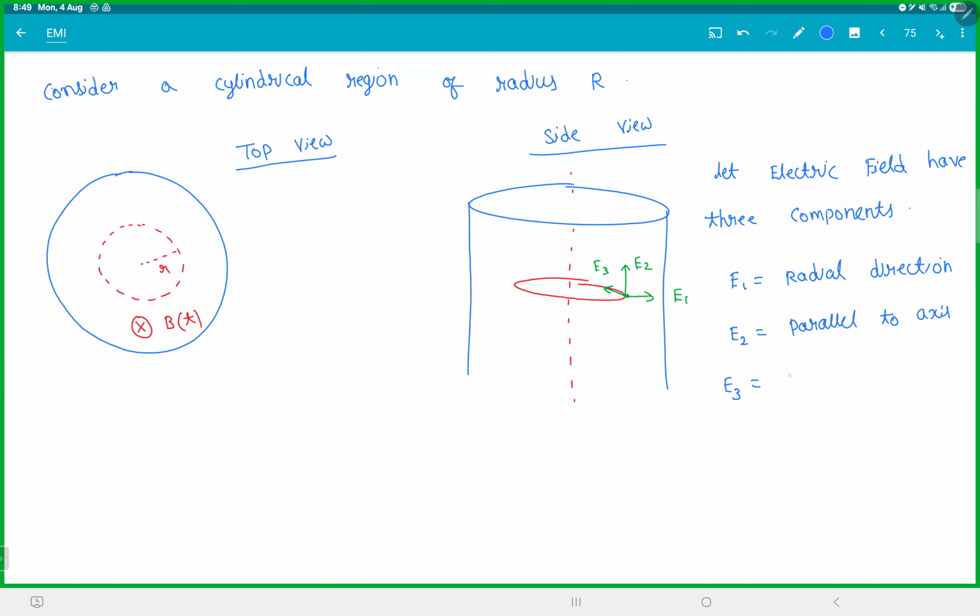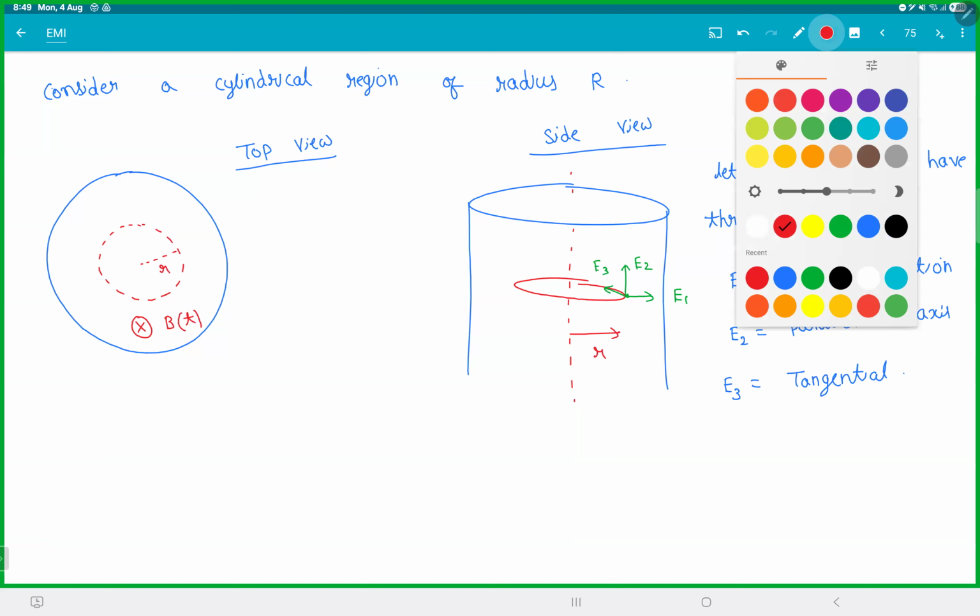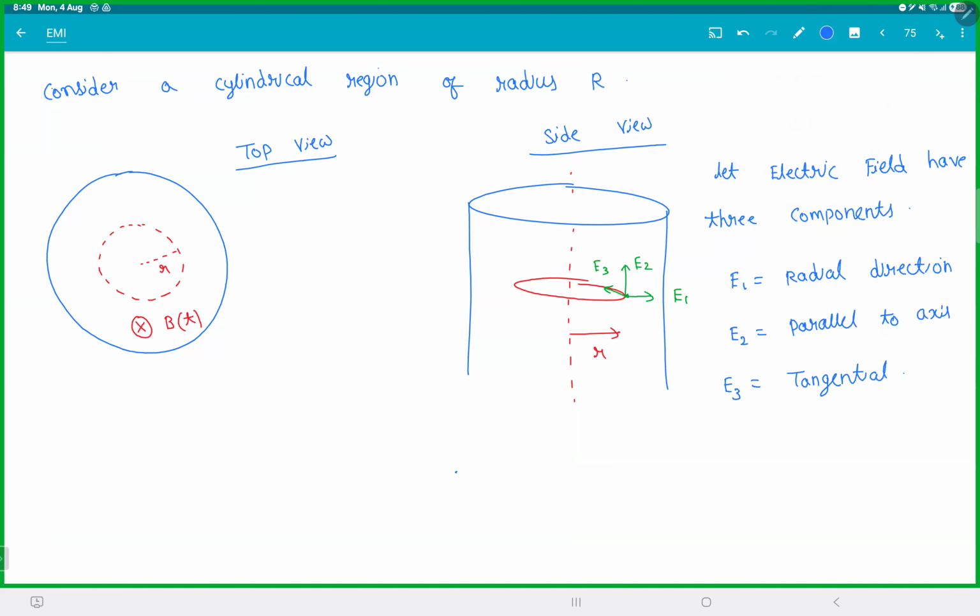And E3 is the tangential direction. Great. Now, from Faraday's law, we also know the EMF in the loop will be minus d phi by dt, where flux is nothing but area into dB by dt.